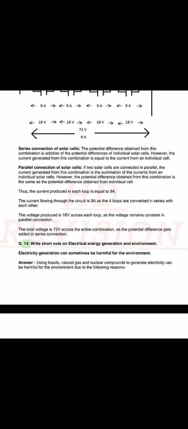Q. 14. Write a short note on electrical energy generation and environment. Electricity generation can sometimes be harmful for the environment. Answer. Using fossils, natural gas and nuclear compounds to generate electricity can be harmful for the environment due to the following reasons.